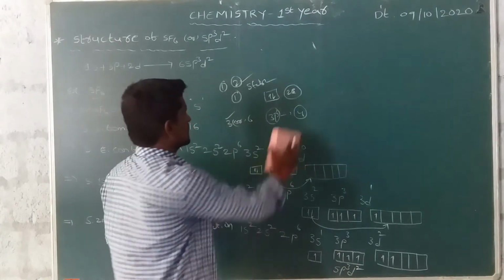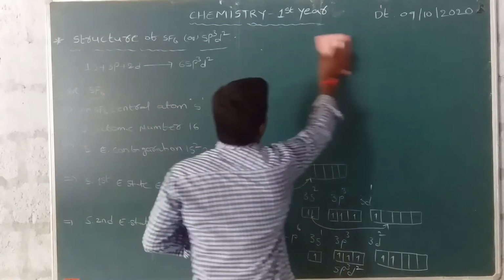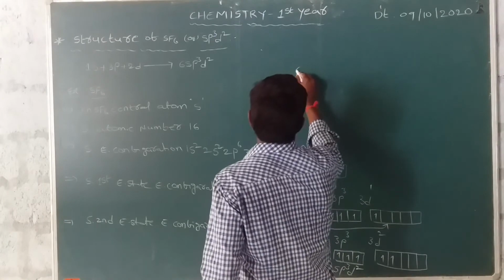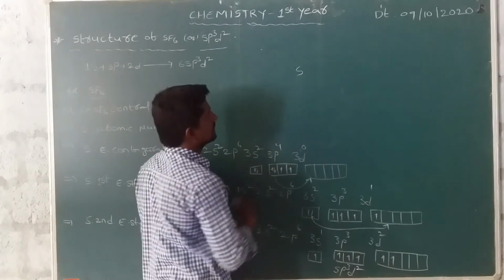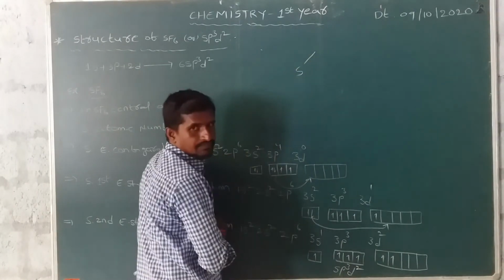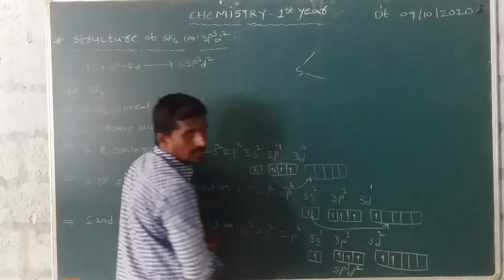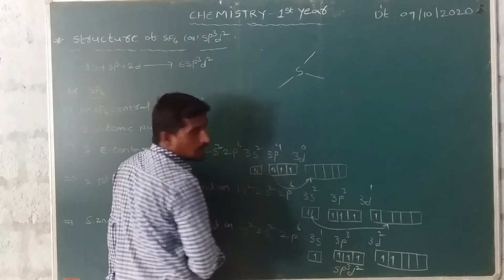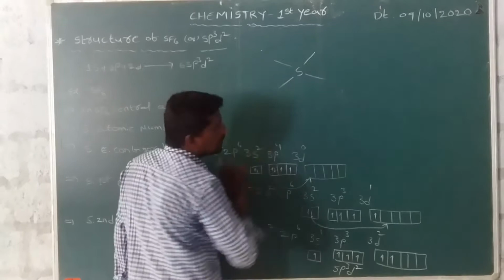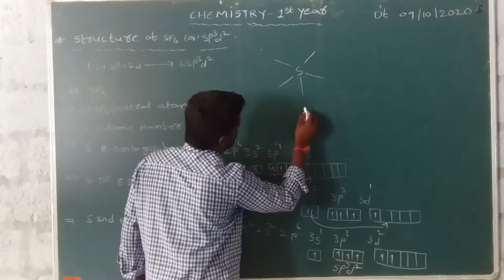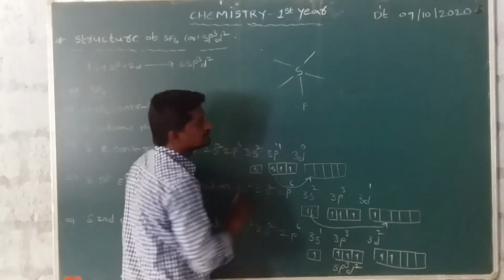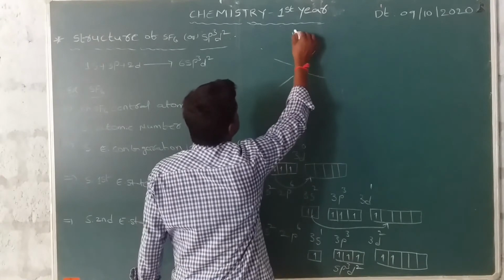And the structure: sulfur with first, second, third, fourth, fifth and sixth positions.